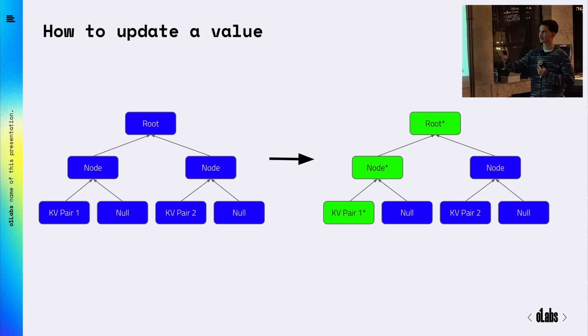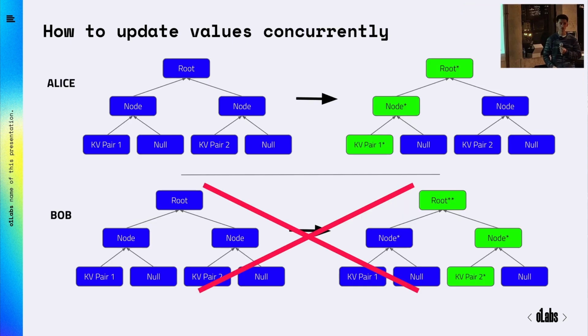So let's say you want to update key pair 1. So this will be changed, and since we hashed these two, the upper node will change and the root will change. And it works for now for only one update, but if you want to process two actions at the same time, which will happen in production, it won't work.